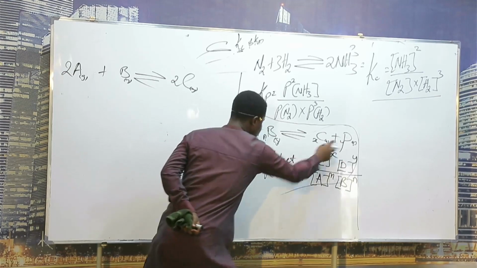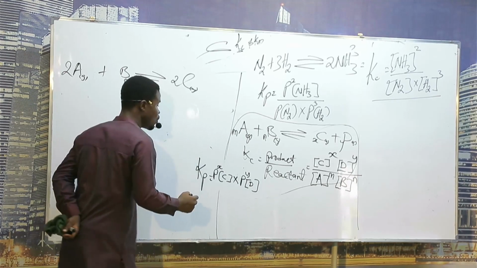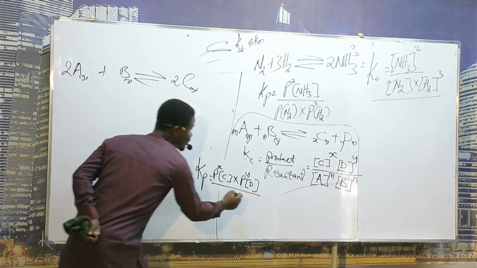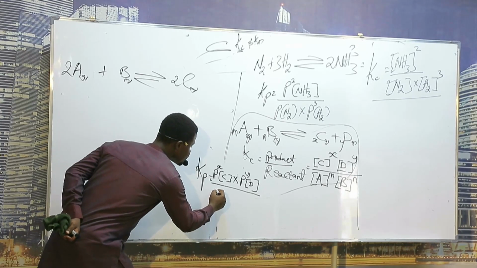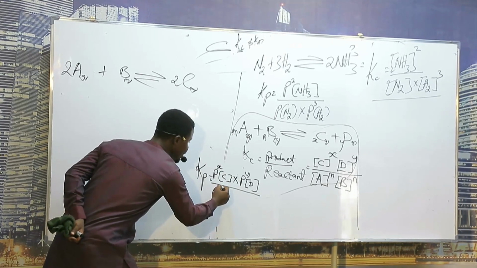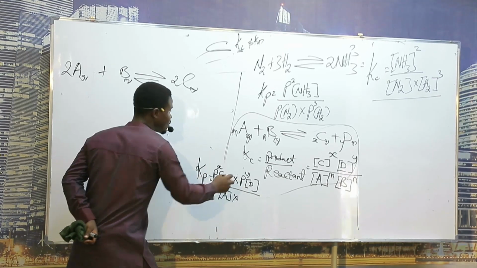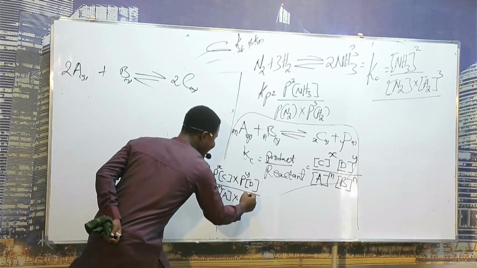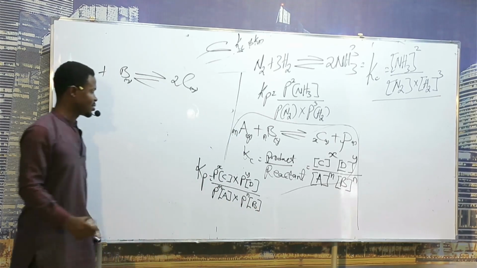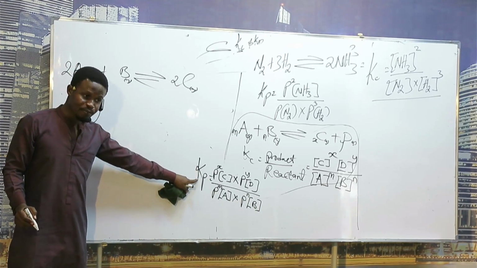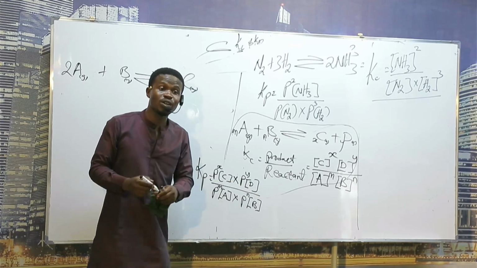P raised to power what? Y. Over again, P raised to power M bracket A, times P raised to power N bracket B. This is in terms of Kp. This guy is in terms of Kc.